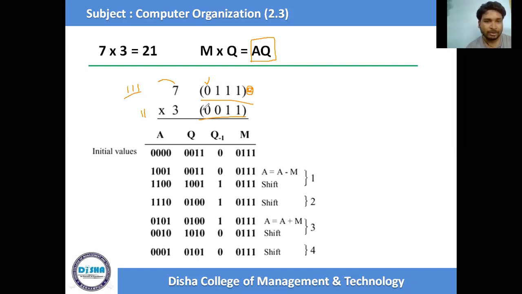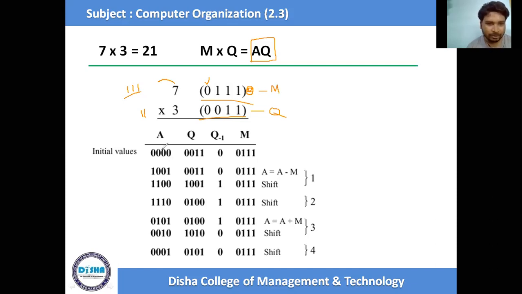To make it 4 bits, we add zeros at the MSB side. This is also a positive number, so we put a 0 here. So this is our Q value and this is our M value.